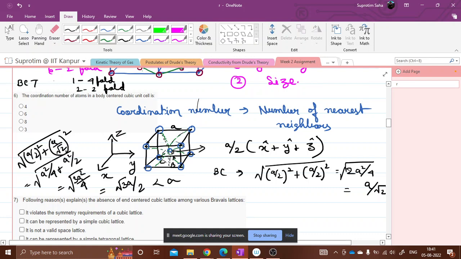So basically, the atom at the center will have 8 nearest neighbors, and by that prescription, by the definition, the coordination number of atoms in a body-centered cubic unit cell is 8.